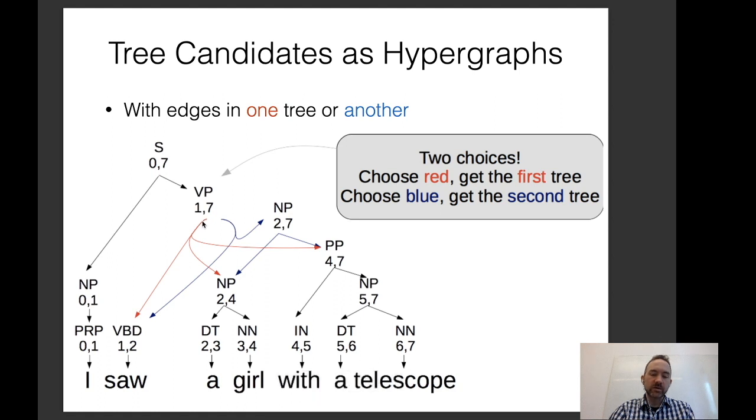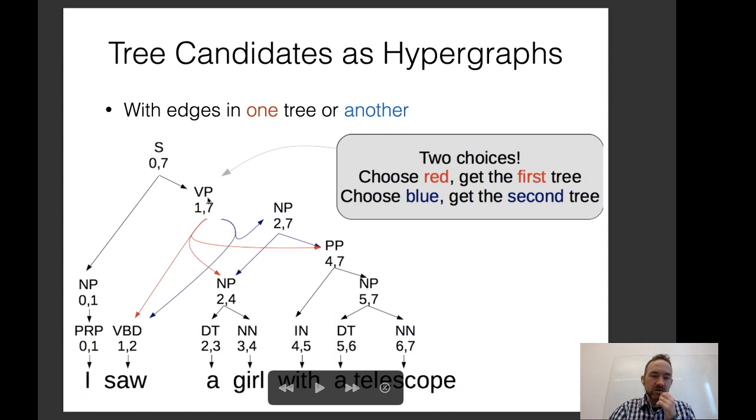One way is I saw a girl, using a telescope. Another way you could parse this sentence is I saw a girl with a telescope, where this is a noun phrase saying there's a girl holding a telescope, and then that is what you saw.